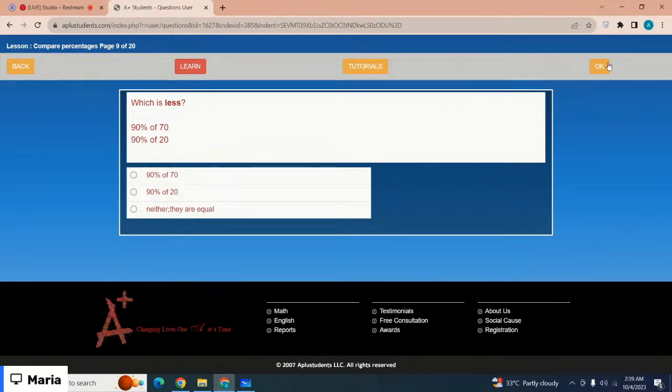You have to see which is less, right? That is 90% of 20, because you calculate the same percentage for different values. 70 is greater than 20. So 90% of 20 is less than 90% of 70.